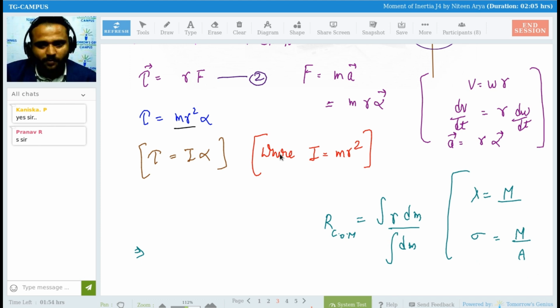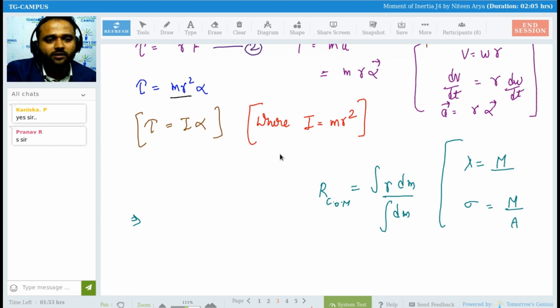So we have three types of mass density: linear mass density, areal or surface mass density, and volumetric, or mass per unit volume. General densities can be found in this way. Is this clear?